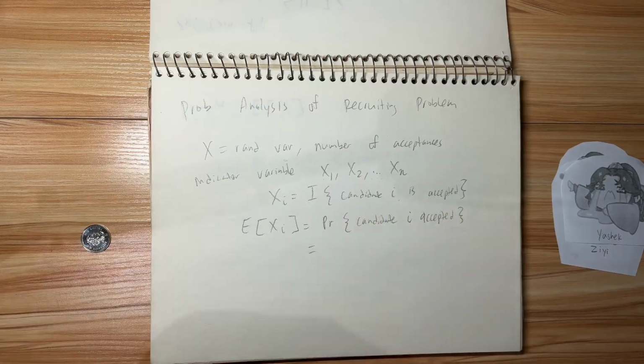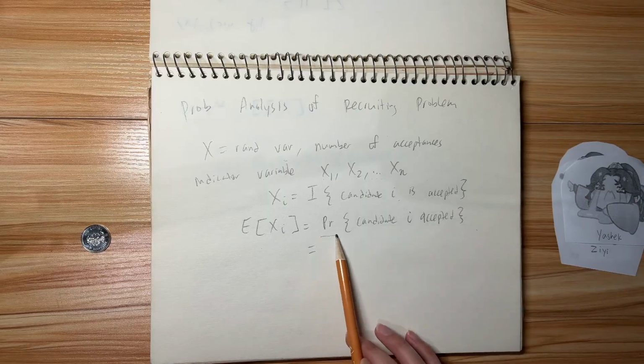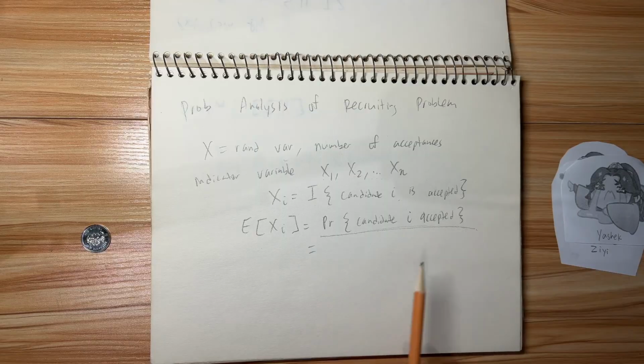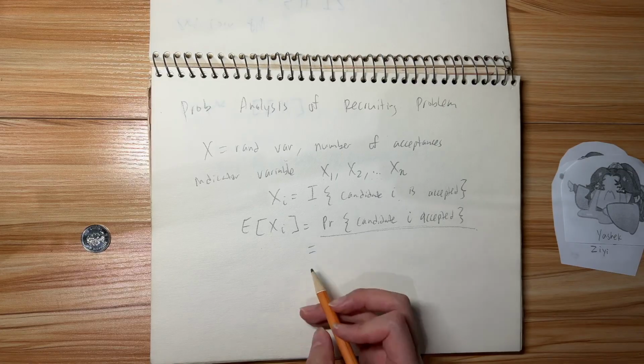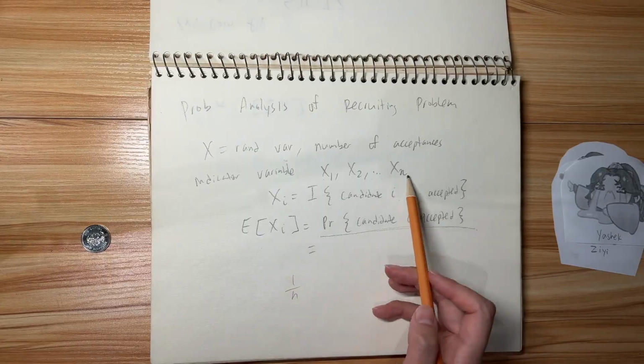So basically we're going to be looping through all the candidates. Given this, what is the probability that candidate i is accepted, right? Let's just say we have a loop going on. My initial guess, my instinct, is to say it's probably just 1 over n, because we have n people.